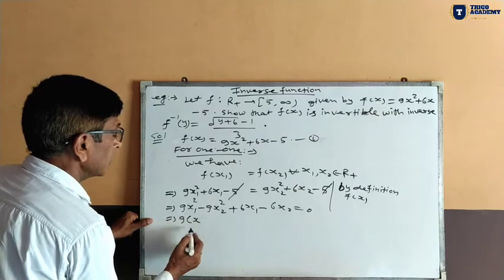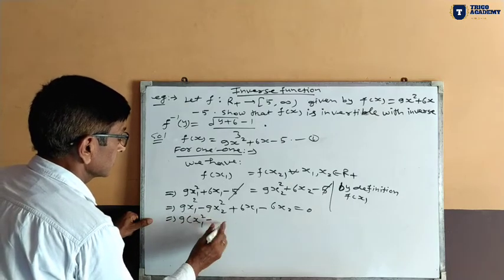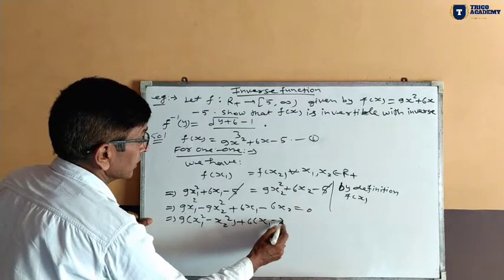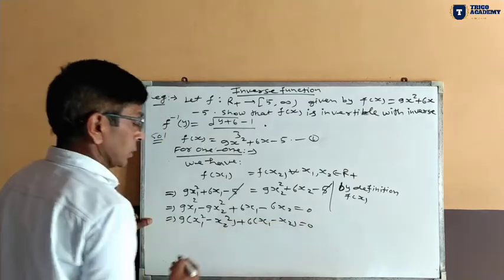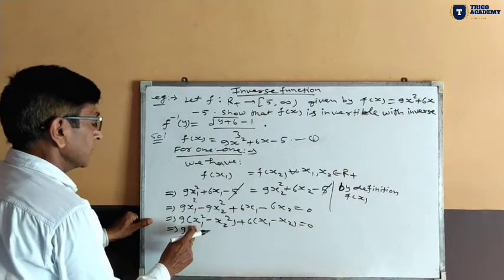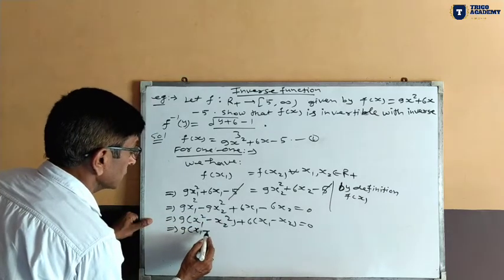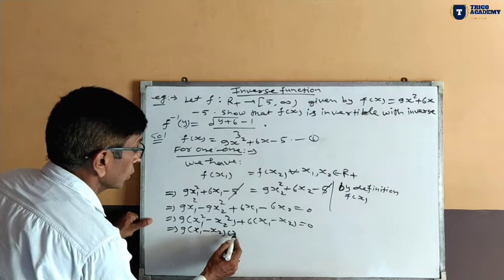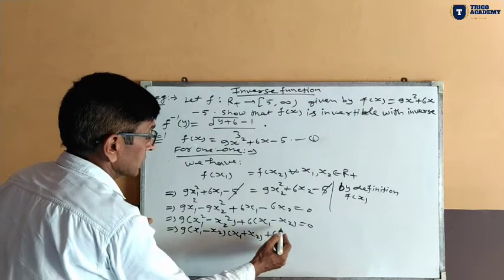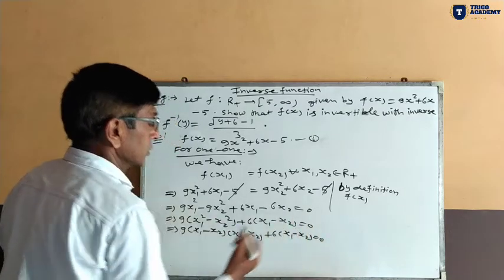On taking 9 as common, so x1 square minus x2 square and this side x1 minus x2 equals 0. x1 square minus x2 square can be written this way: (x1 minus x2) into (x1 plus x2), plus 6(x1 minus x2) equals 0. We apply here the a square minus b square formula.